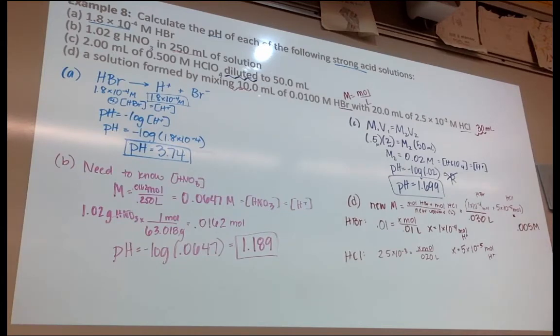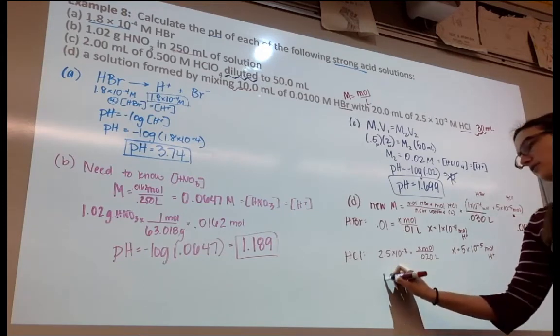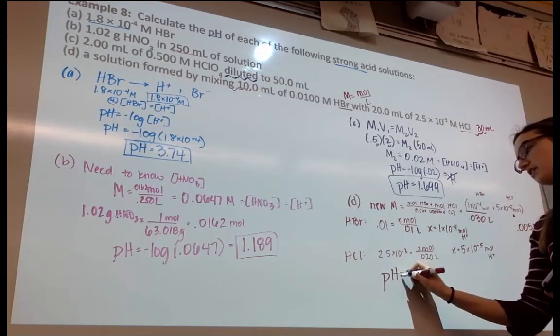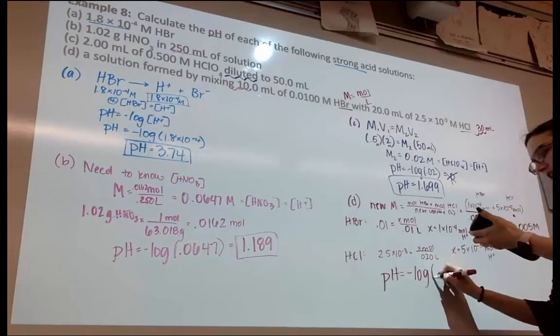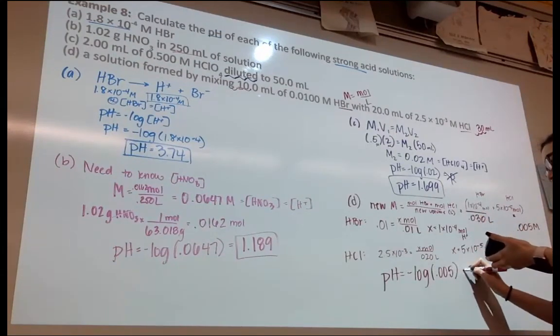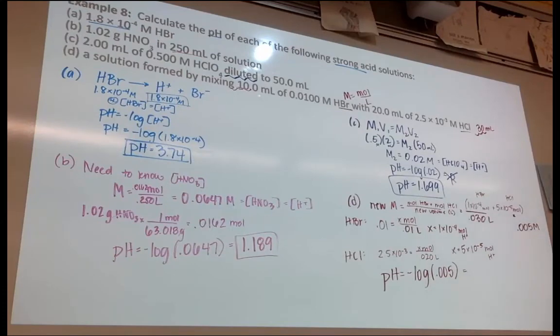That's the concentration when I mix the two solutions together. To find the pH of this strong acid solution, take the negative log of that. 2.30.